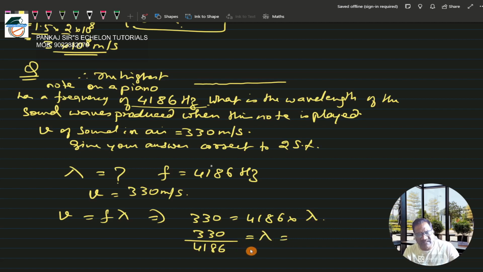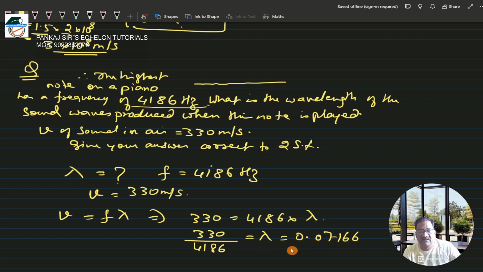Now if you plug these values in your calculator, you may get an answer like 0.07166.